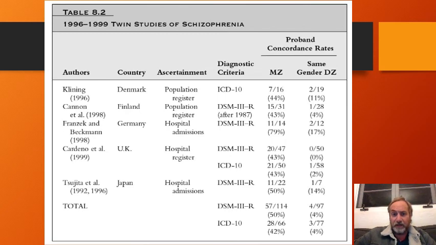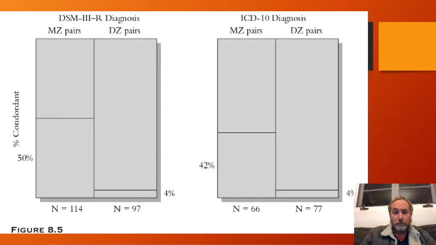So in the Denmark study, 44% concordance rate among the MZ twins compared to 11%, and on down the list. And then they have them pooled at the bottom. According to the DSM, if you pool all the data, 50% concordance rate among MZ twins compared to 4% among DZ. And here's the combined data.